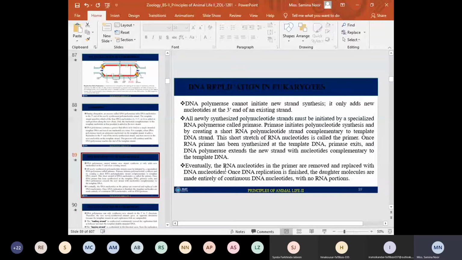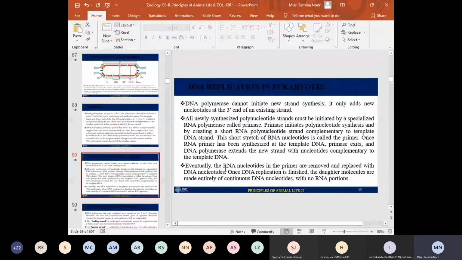Primase initiates the polynucleotide synthesis by creating a short polynucleotide strand that is complementary to the template DNA strand. This short polynucleotide chain is known as the primer.